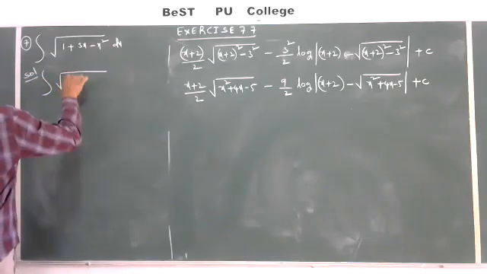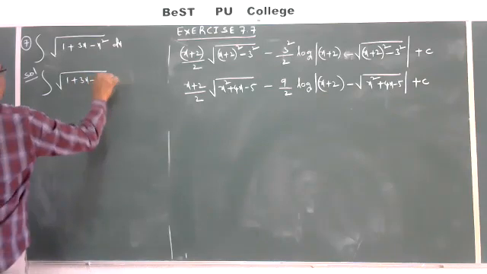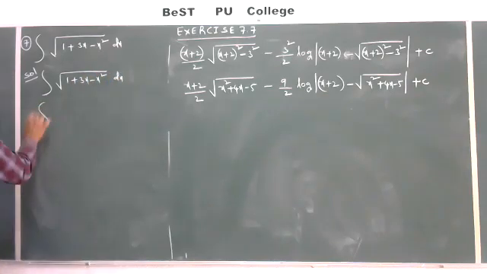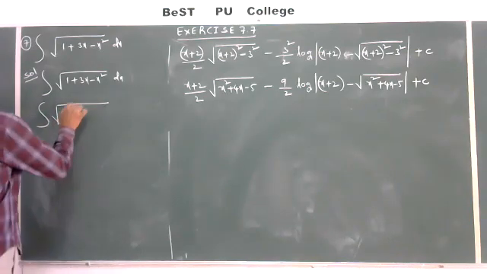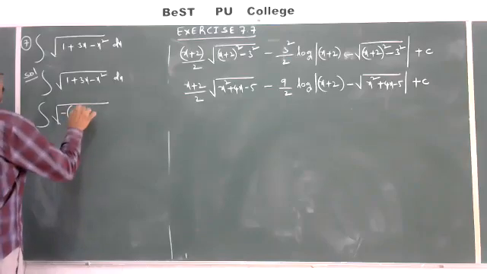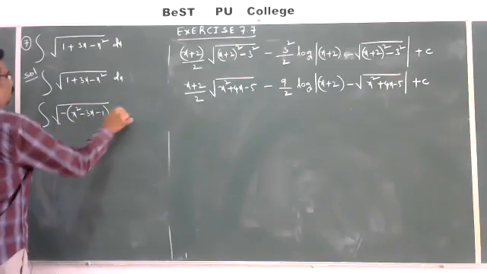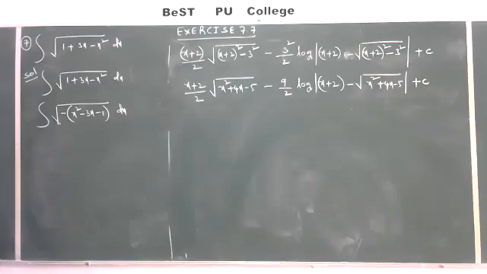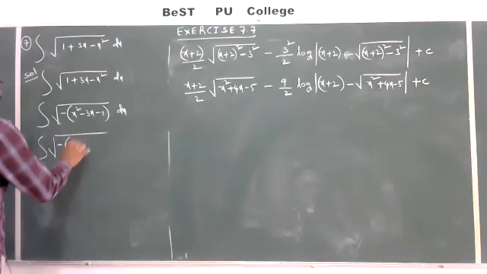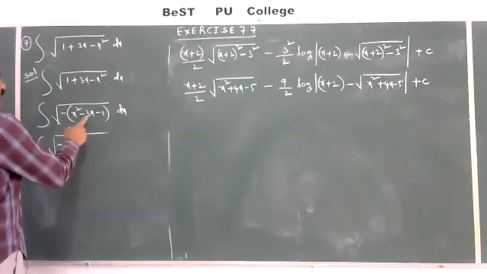Integral root of 1 plus 3x minus x square dx. First you take minus common in the bracket, in the root, that is minus of x square minus 3x minus 1 dx. In the bracket this is x square, you make this term a 2ab term.